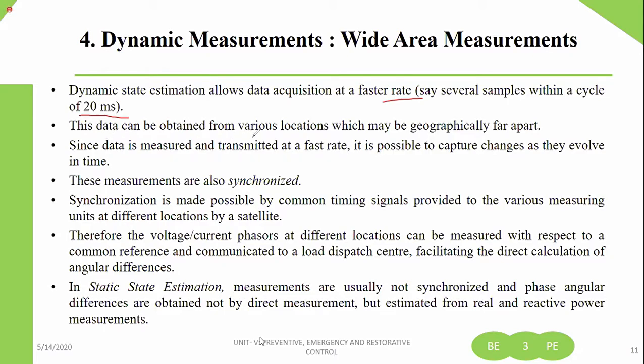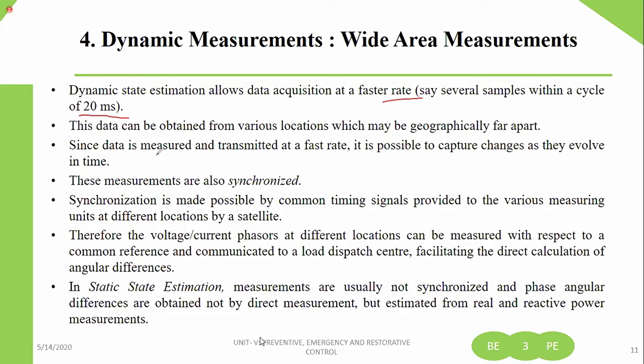This data can be obtained from various locations which may be geographically apart, for example from Chukha, Kurichu, all of them, because these power plants are located in different geographical areas. But within 20 milliseconds we get it, using a satellite. Later on I will explain this.